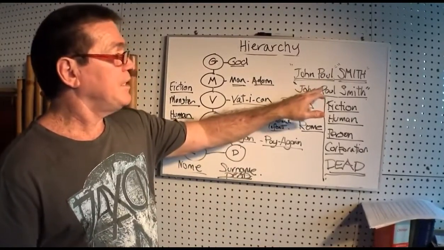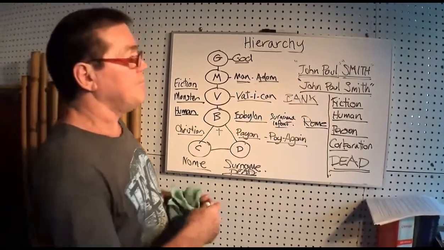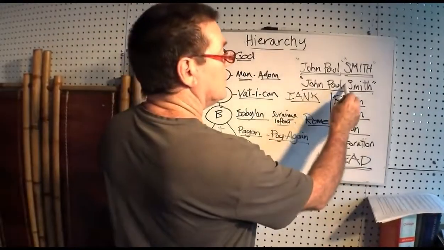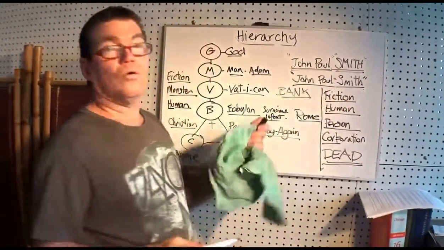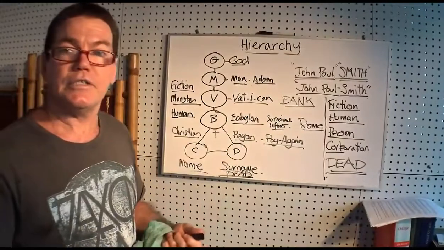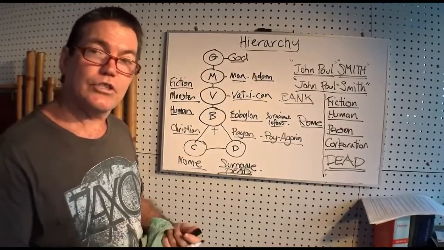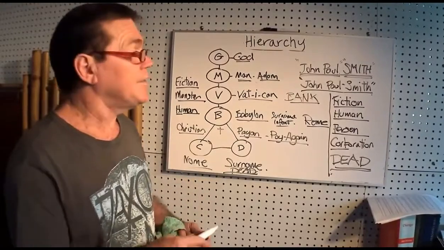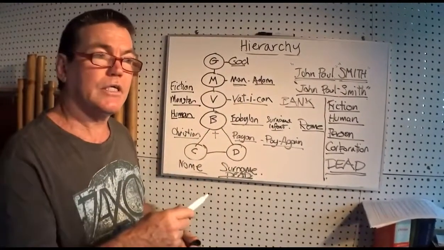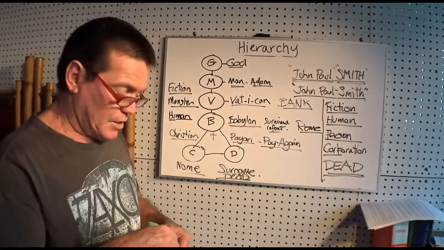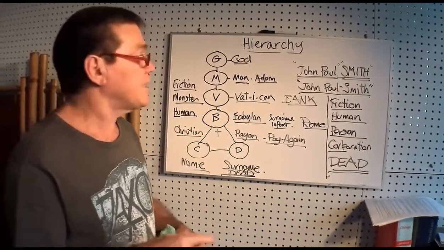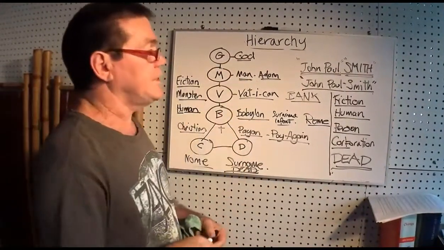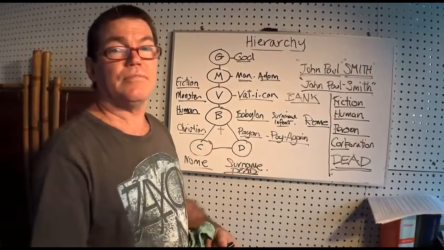Now, no one forced you to do this. You did that. You claimed your name to be the incorporated name because John Paul and Smith don't exist. They exist as two separate entities, but they don't exist as one name. So you're the one that did that. You're the one, through your own ignorance and your own inability, to assume that you are right.